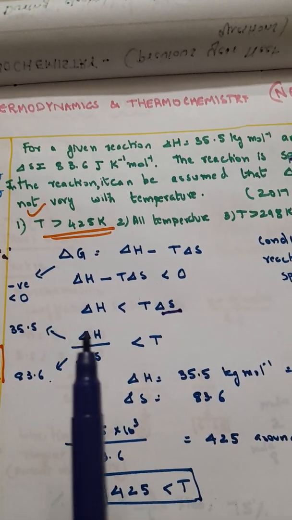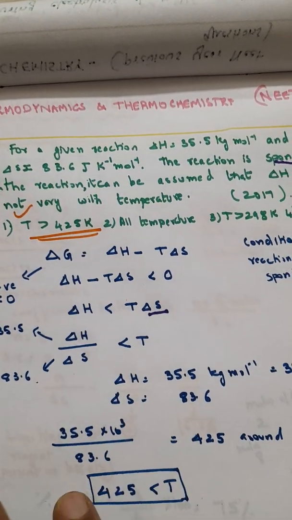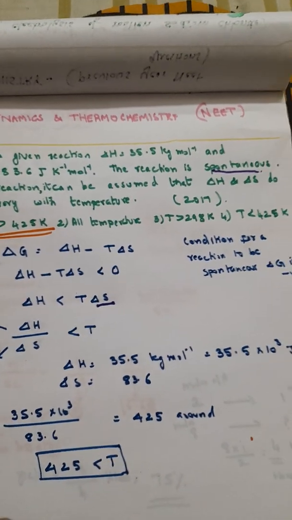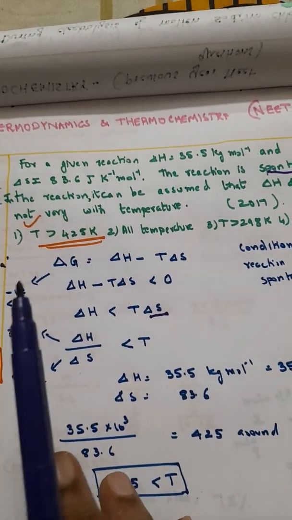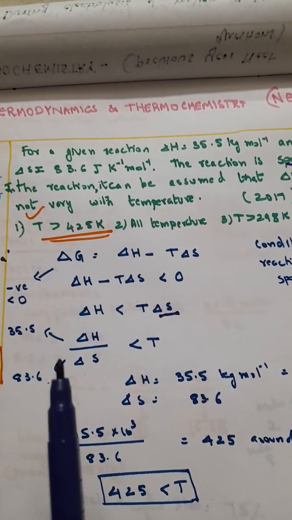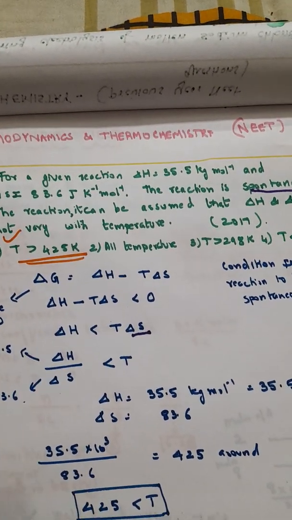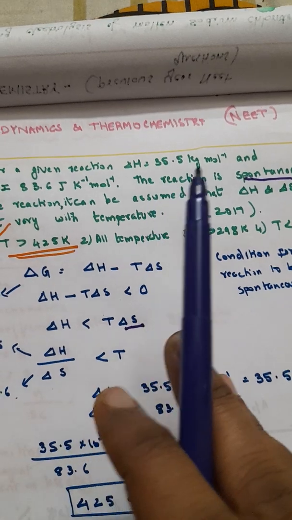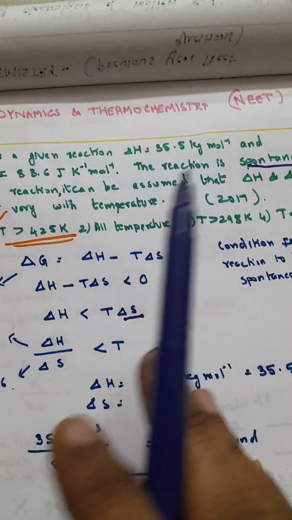Now, delta H is given, delta S is also given. Here I want to tell you one important thing: all students immediately take this ratio and solve for the answer, but see the trick here, one is given in kilojoules and one is in joules. So you have to convert it.